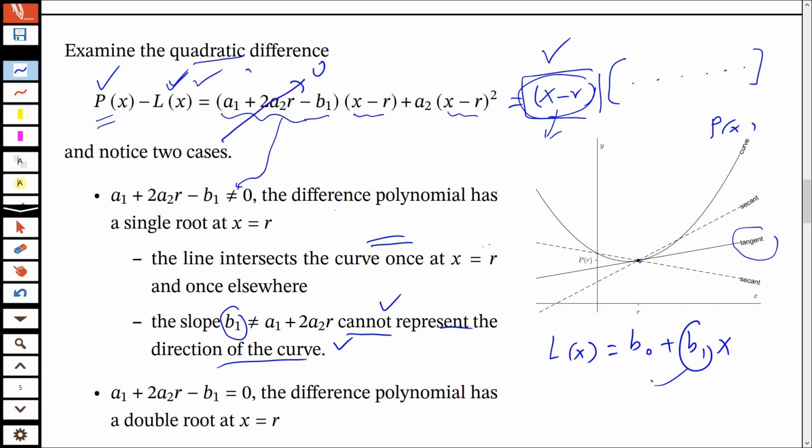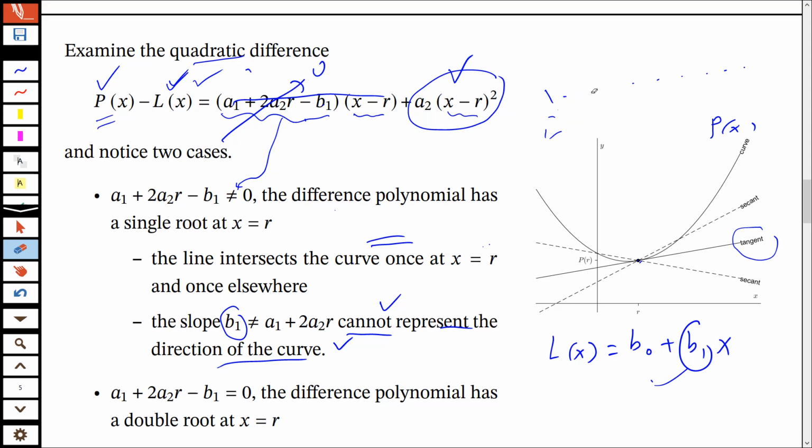So if this coefficient is 0, this x minus r multiplies 0. So the difference between the polynomial and the linear function is a2 times the square of x minus r. Now this term is not bothering us, which means that x minus r is appearing twice in this expression. You have x minus r and x minus r again, and that then multiplies a2.